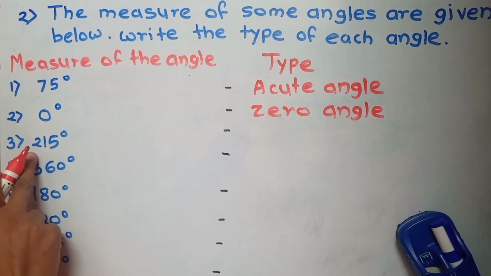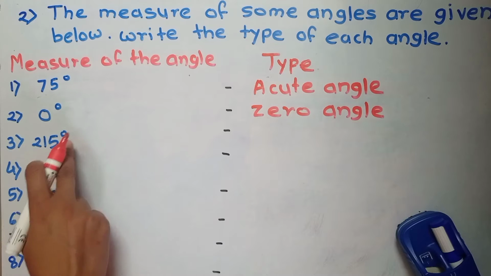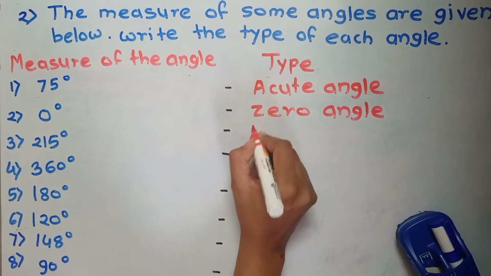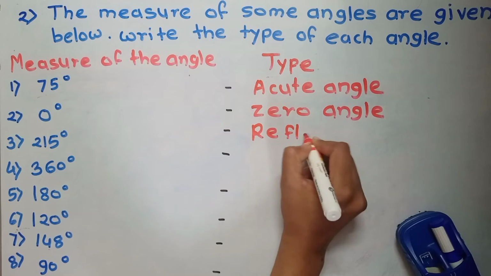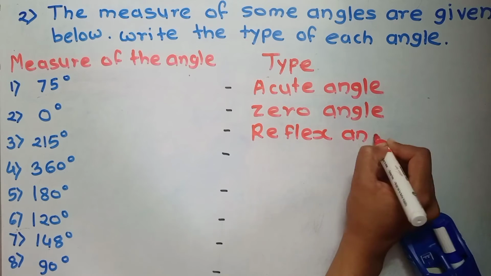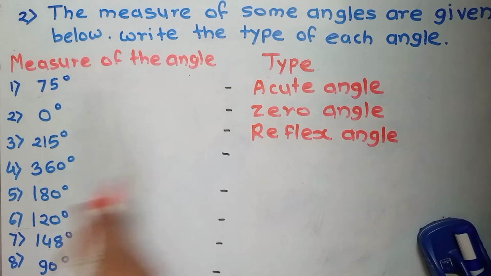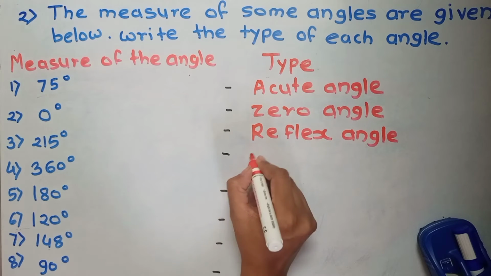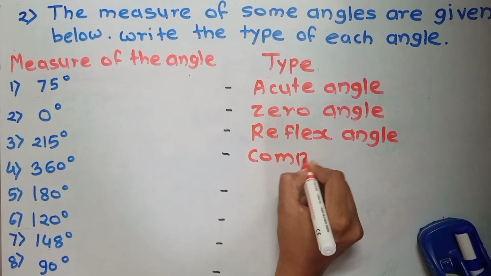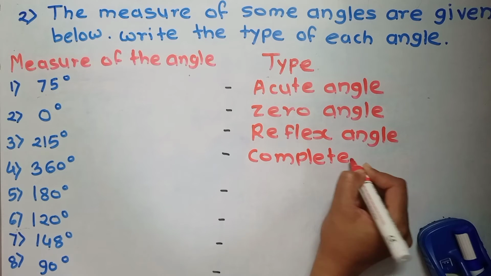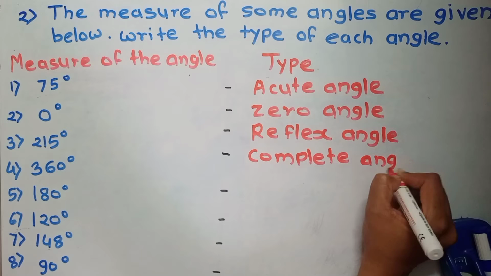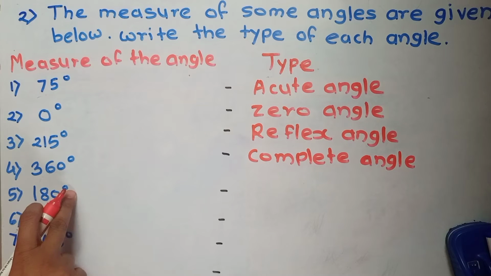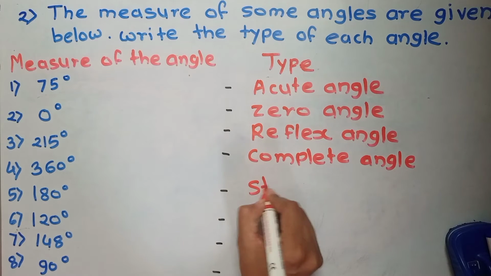Third is 215 degree. This angle is greater than 180 degree. That is reflex angle. Fourth is 360 degree. This is the complete angle. Fifth is 180 degree angle. This is straight angle.